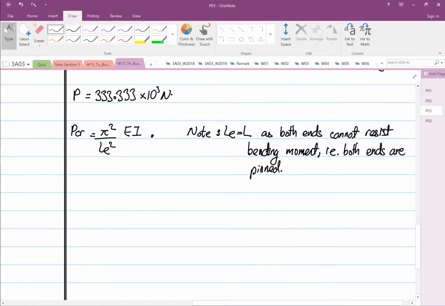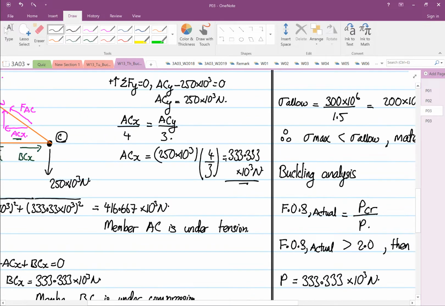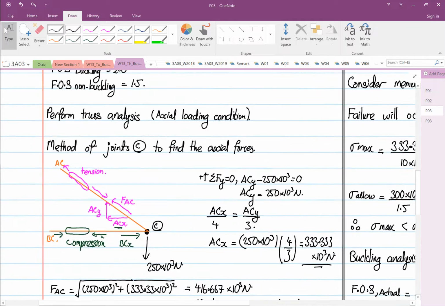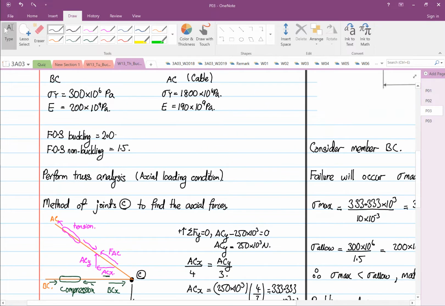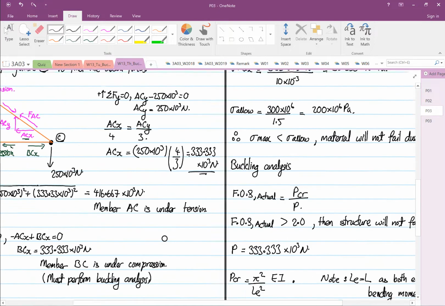So therefore, PCR is equal to pi squared multiplied by 200. No, this one is 190? Am I right? Maybe I got it wrong. I remember 190 rings a bell. Yep, 190, but that's for the cable. For the Young's modulus it is 200.